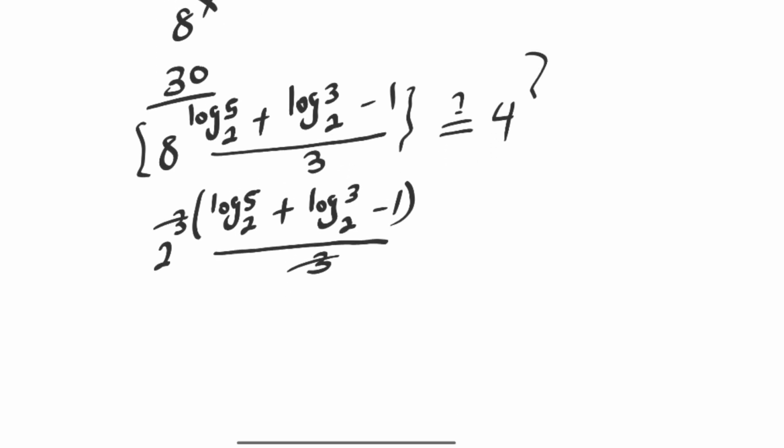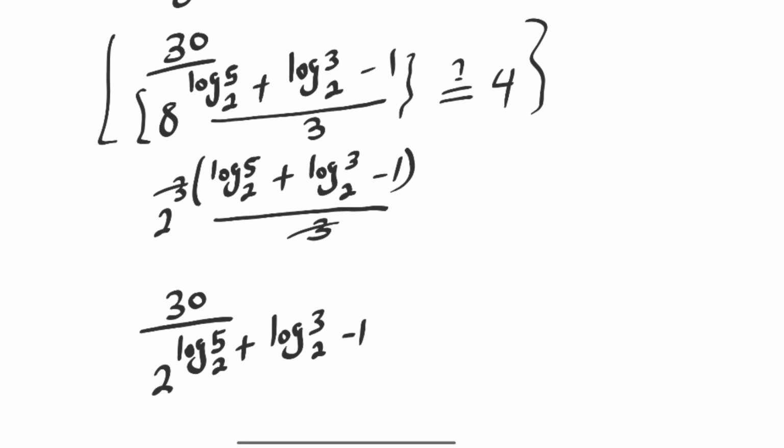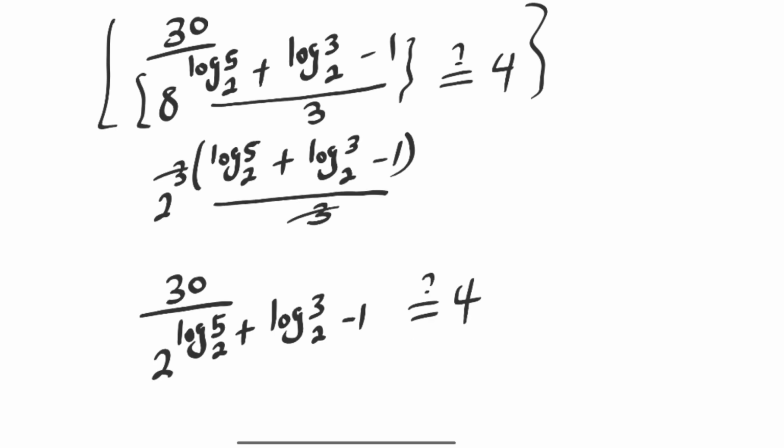So the whole of this equation becomes 30 over 2 raised to power log 5 base 2 plus log 3 base 2 minus 1 must be equal to 4.